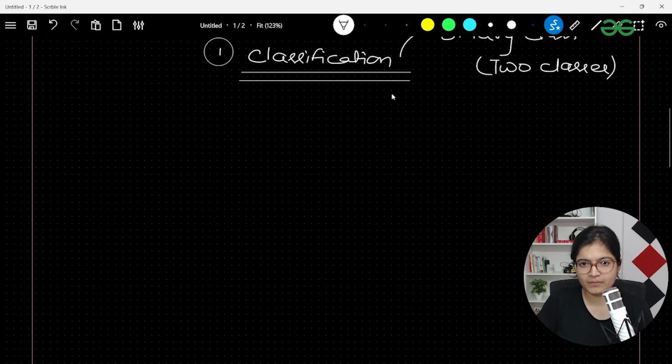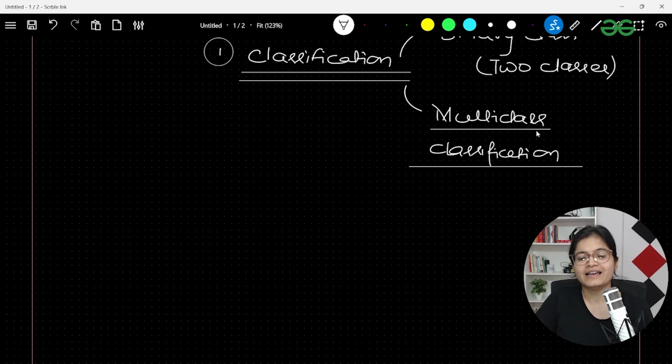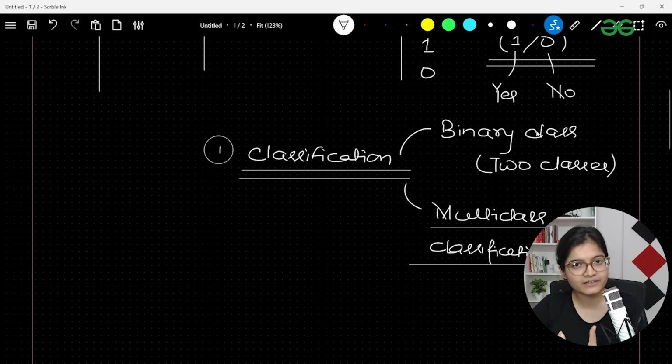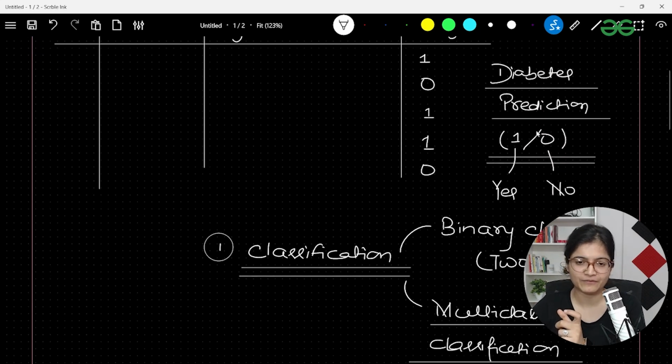The second kind of classification problem is multi-class classification, where we will have more than two classes. Maybe it will be a ternary classification problem with three classes, or four classes, and so on.